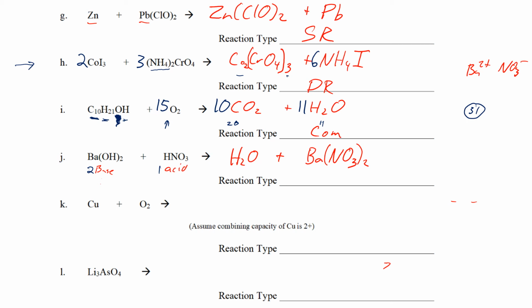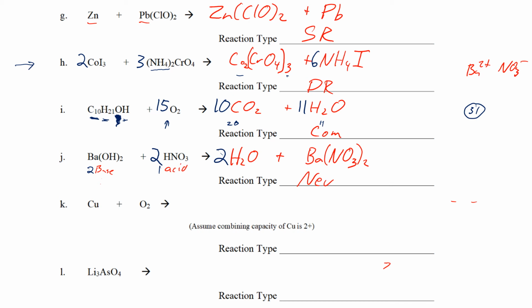It's a 1 acid and a 2 base. So the easiest way to balance it is make sure that they are the same. So if this is 2 bases, I make this 2 acids. 2 bases plus 2 acids make 2 water, and it's balanced. Since it's an acid-base reaction, it's a neutralization reaction.